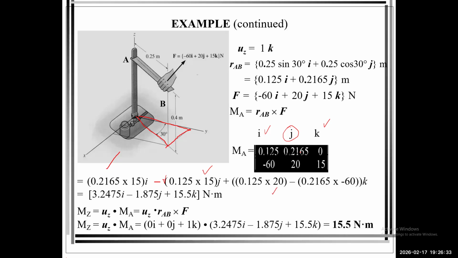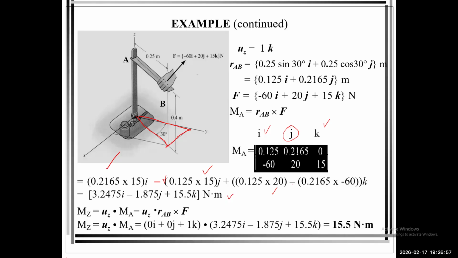And the leading one now would be 0.2165 times 60, right? But remember, it's a minus 60 and you have a minus here. So that will typically give you a plus. And then you work it out with this one. So you get 15.15 K. And so you get that moment there.